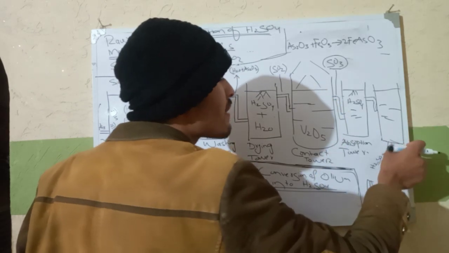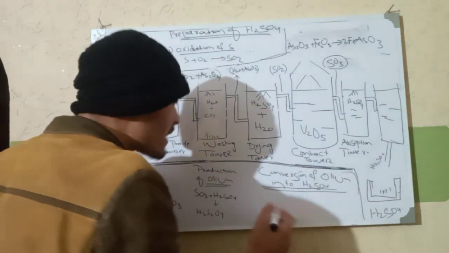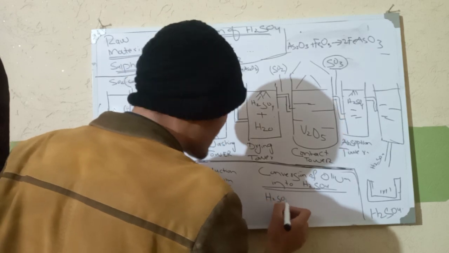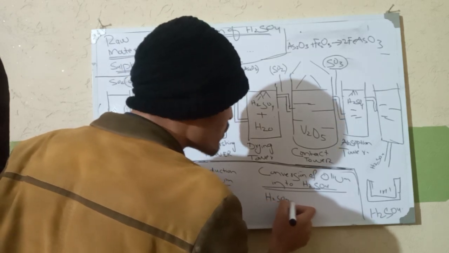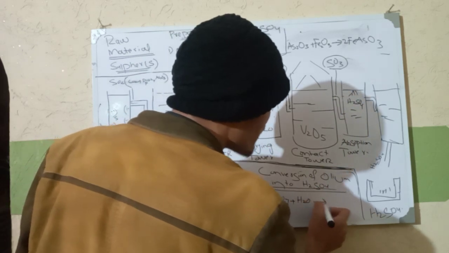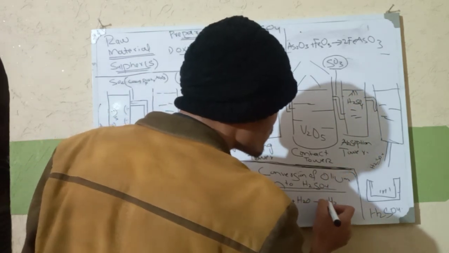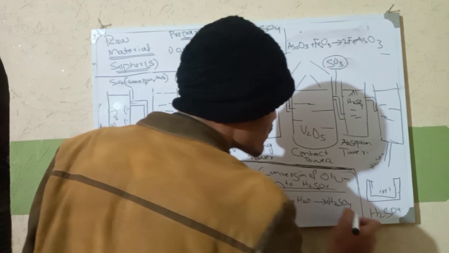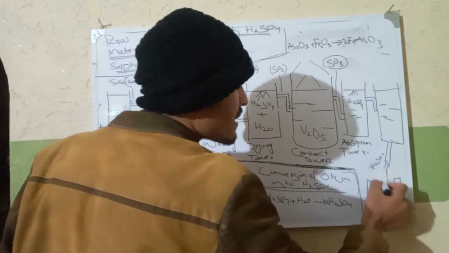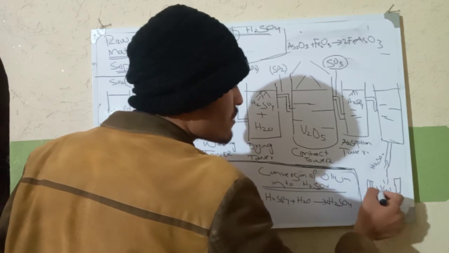In this dilution tower we spread a little bit of water on the oleum. What will happen? They form 2H2SO4. Here H2SO4 will be collected, so lots of H2SO4 is here.